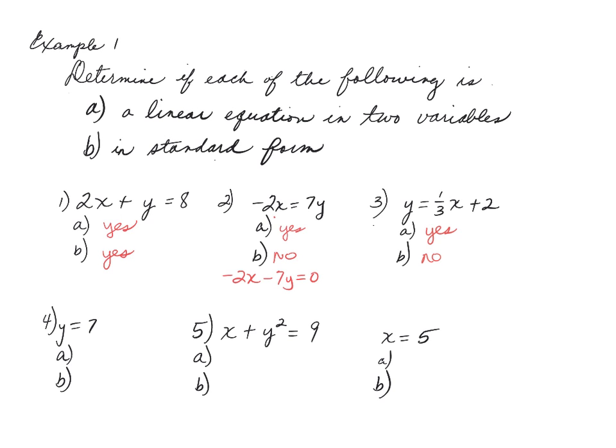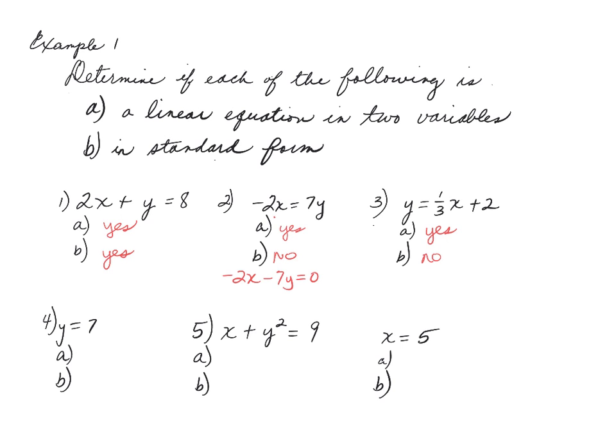Is that a linear equation in two variables? Well, on first sight, it looks like it's not, but it actually is, because a linear equation is a linear equation if it can be written in the form ax plus by. Can this be written in the form ax plus by equals 7?